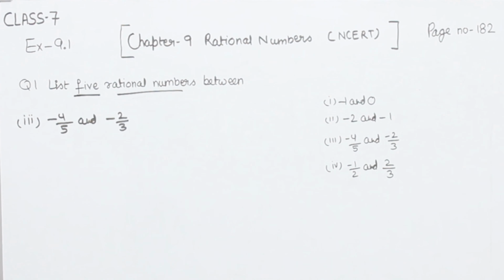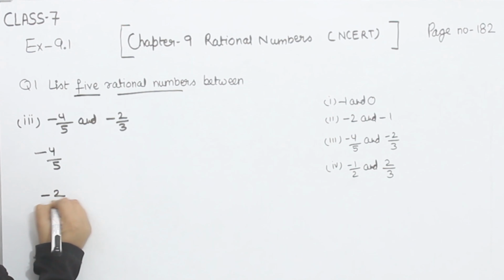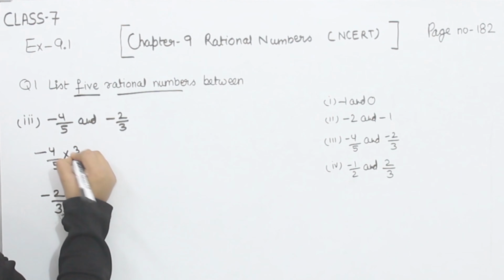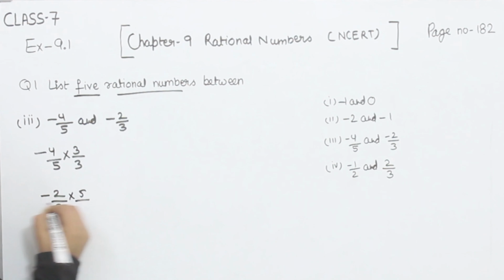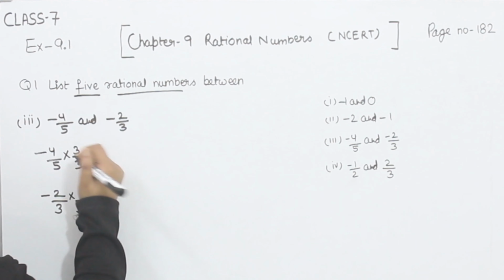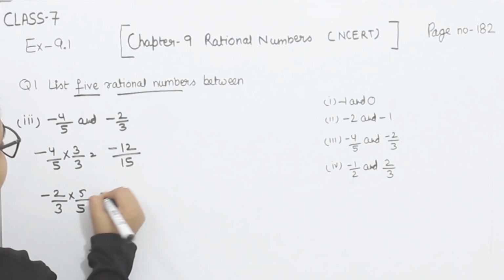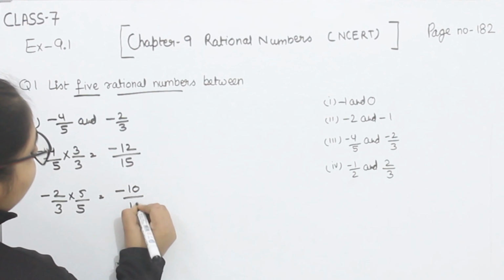So we write -4 by 5 and -2 by 3. Now we multiply both numbers by each other's denominator: -4 by 5 with 3 and -2 by 3 with 5. So 4 3s are 12, 5 3s are 15. Now 5 2s are 10 and 5 3s are 15.